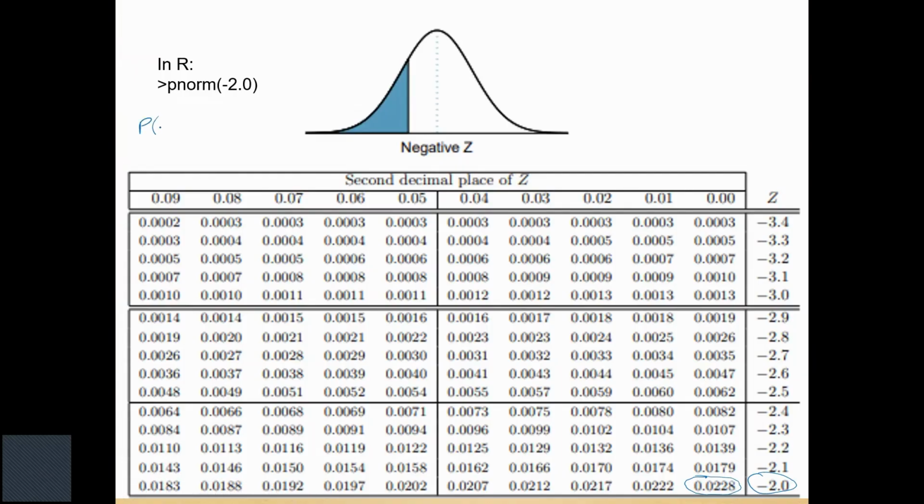So the probability of x being less than or equal to 1 is 0.0228. And on this side, the probability of x greater than 1 is 1 minus 0.0228 equals 0.9772.